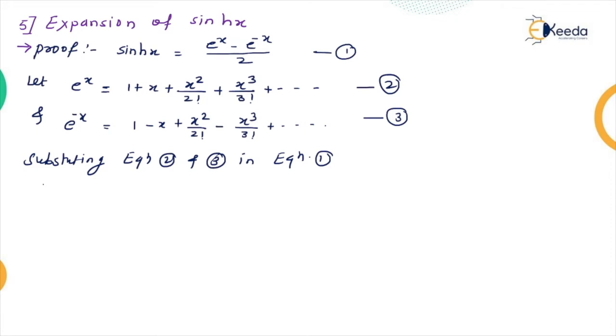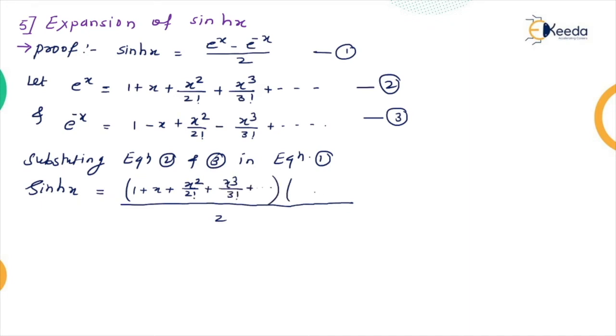After substituting we get equation 1 as sine hyperbolic x is equal to the expansion of e to the power x, that is 1 plus x plus x square upon 2 factorial plus x cube upon 3 factorial plus and so on, minus 1 minus x plus x square upon 2 factorial minus x cube upon 3 factorial plus and so on. So this is the series expansion of sine hyperbolic x.